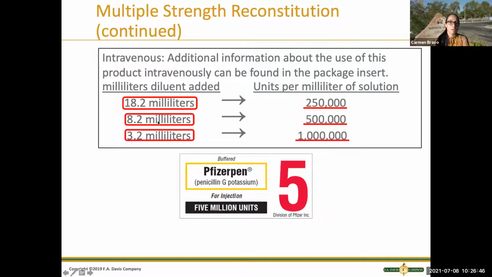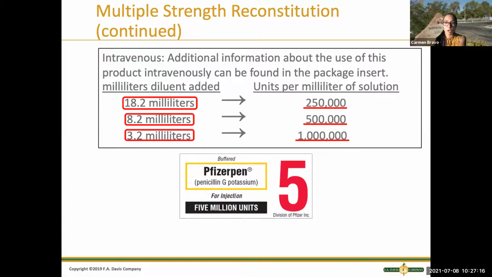If you want 500,000, you have to add this much. And the million, that much. This is that specific penicillin I told you about, penicillin G potassium. They come in millions of units, and it already tells you how much to add for your dosage strength. That's basically what that big old chart will be.